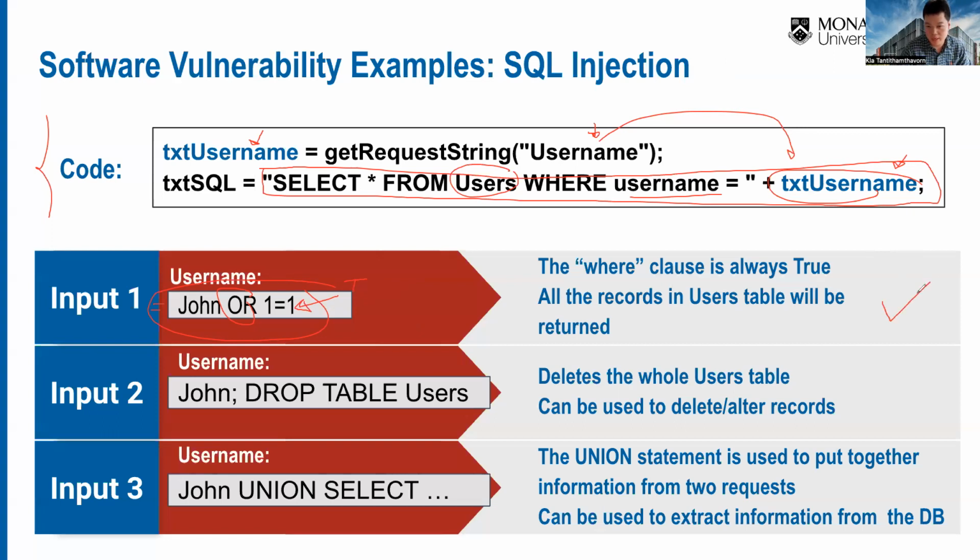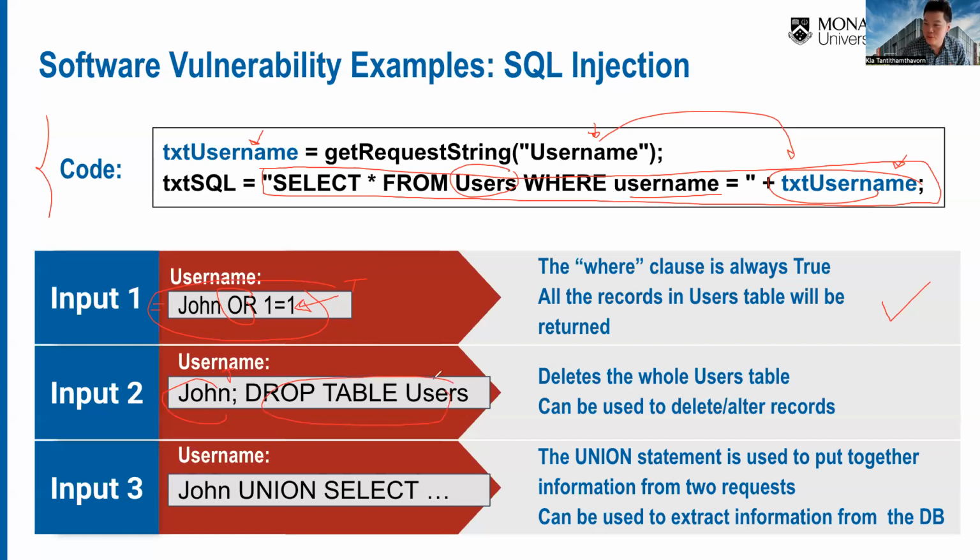That's one way. And what if you want to do something even worse? To make the matter worse, you want to delete all the data. You can do that as well. Where username equals John, that becomes true already, and drop table users.